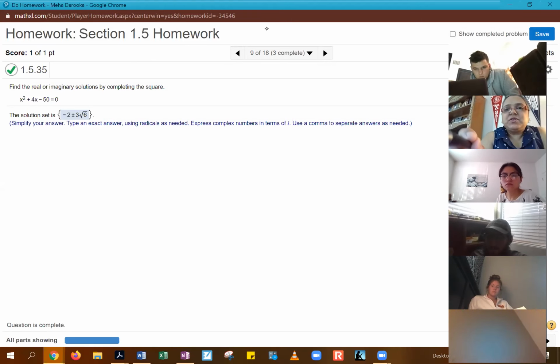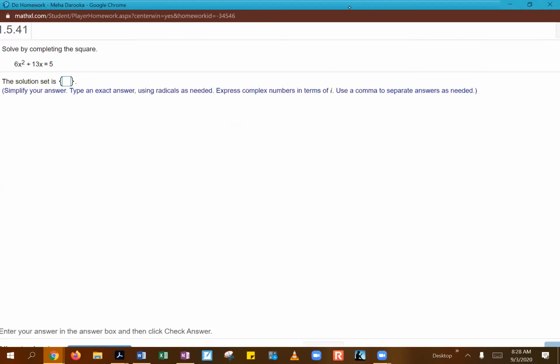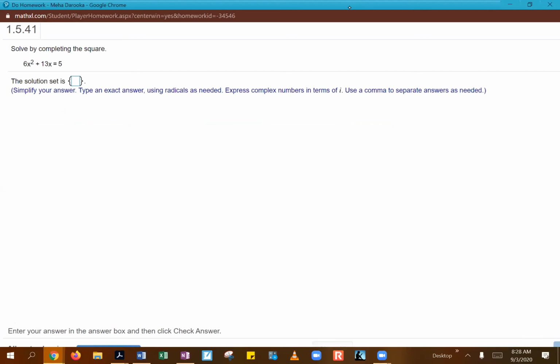I actually wanted to show you one more example on completing the square, and it's this one right over here, because what's happening in this example is you will notice we have a 6 on our x squared term. Now, the completing the square process only works when the coefficient on your leading term is 1.